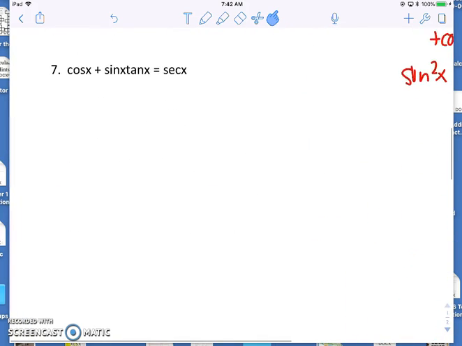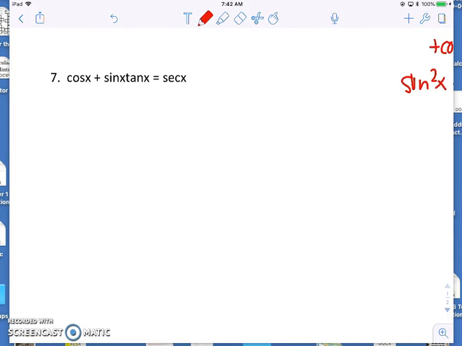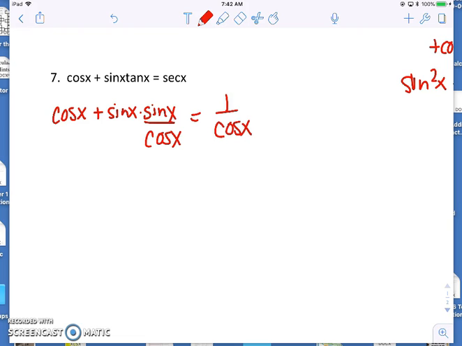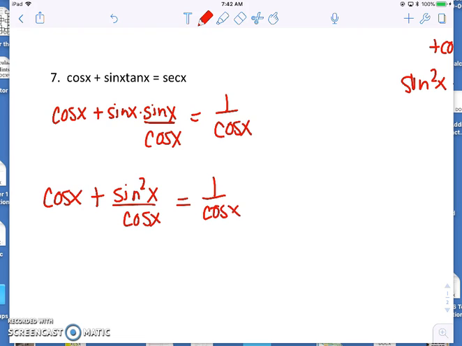And the last one here, number 7. We have the cosine of x plus the sine of x times tangent, sine of x over cosine of x, equals secant, 1 over the cosine of x. This is going to be similar to the last one. We have the cosine of x plus sine squared of x over the cosine of x equals 1 over the cosine of x.